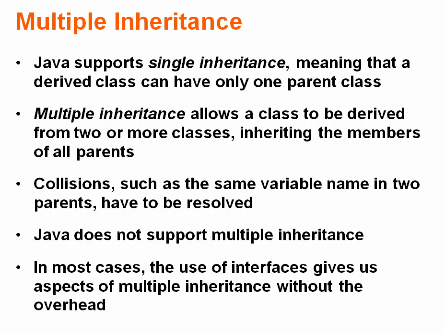Java does not support multiple inheritance directly. In most cases, the use of an interface gives us the aspect of multiple inheritance without the overhead. It means if we want to use multiple inheritance, we must go through the interface, and directly, Java never supports multiple inheritance.